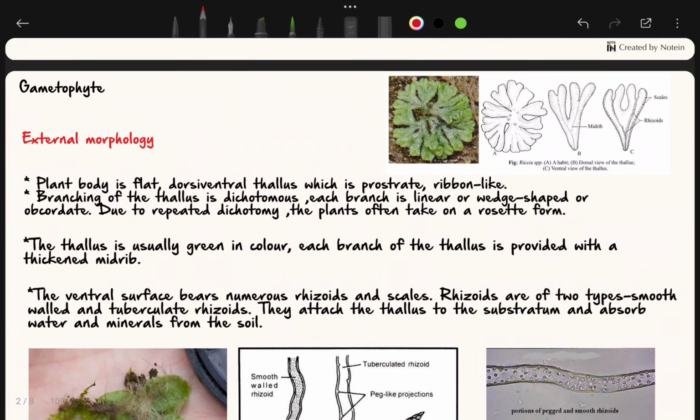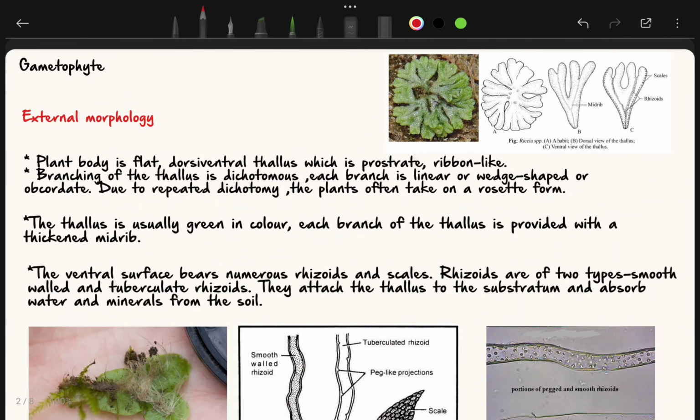So we will start with the first topic, that is the external morphology. We all know that the gametophyte is the main plant body in bryophytes. The plant body, as you can see here, is flat and it is a dorsiventral thallus, which means that it has two surfaces, a dorsal side and a ventral side.